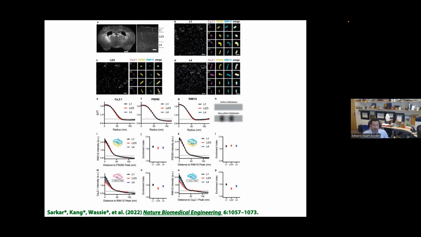To my knowledge, this had not been studied in intact brain tissue before our study, but we were able to use post-expansion staining of multiple kinds of proteins that were previously difficult to visualize and show that they have coordinated distributions. They're not randomly distributed, they're coordinated, which might help with the precision of brain signaling.